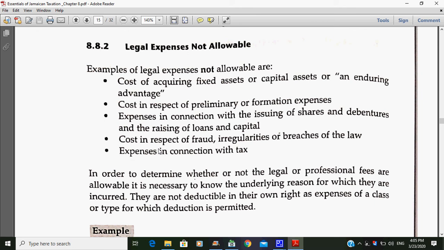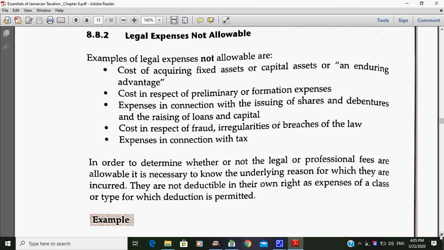In order to determine whether or not the legal or professional fees are allowable, it is necessary to know the underlying reason for which they are incurred. They are not deductible in their own right as expenses of a class or type for which deduction is permitted.